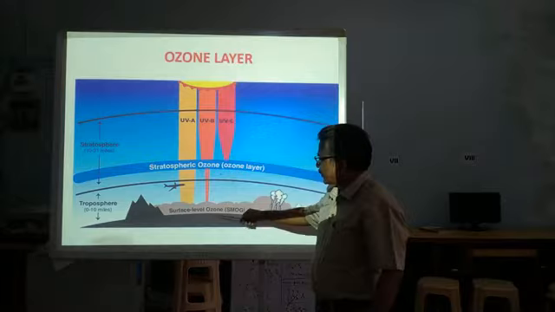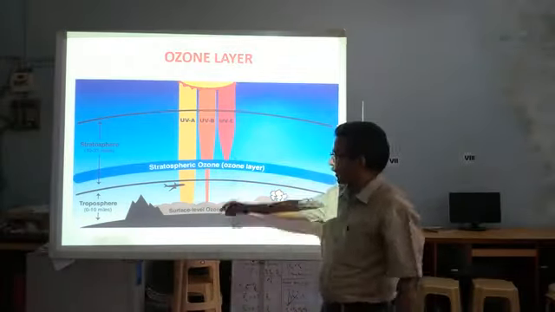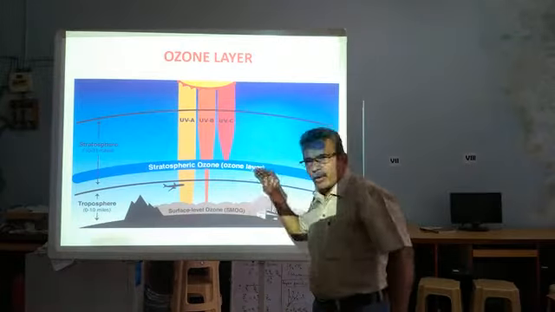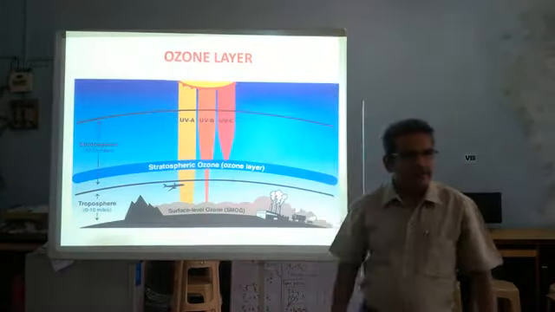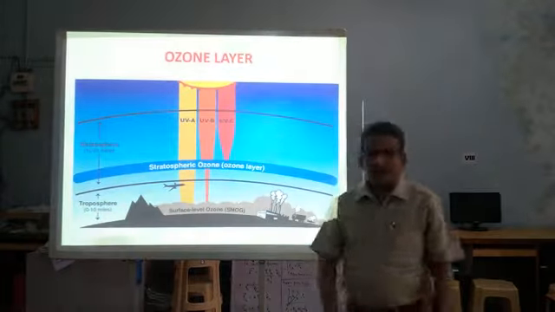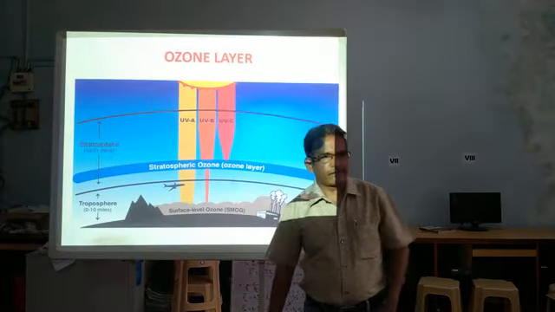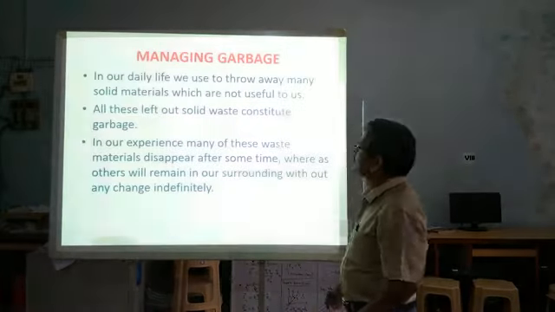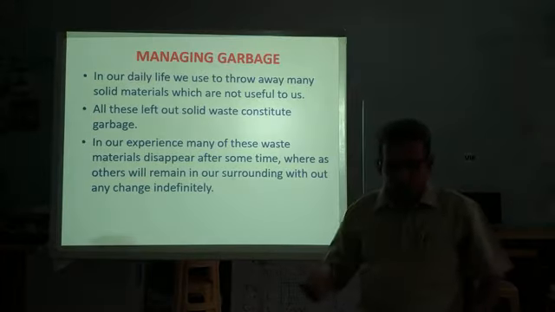Once the sunlight passes through the stratospheric ozone, most of the dangerous components of the sunlight are filtered off or shielded off. That is how the ozone layer is acting as a protective layer for us. So that is about the ozone layer.